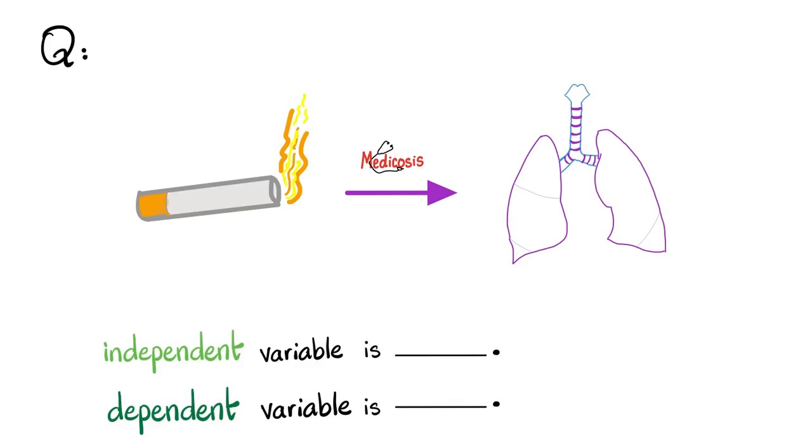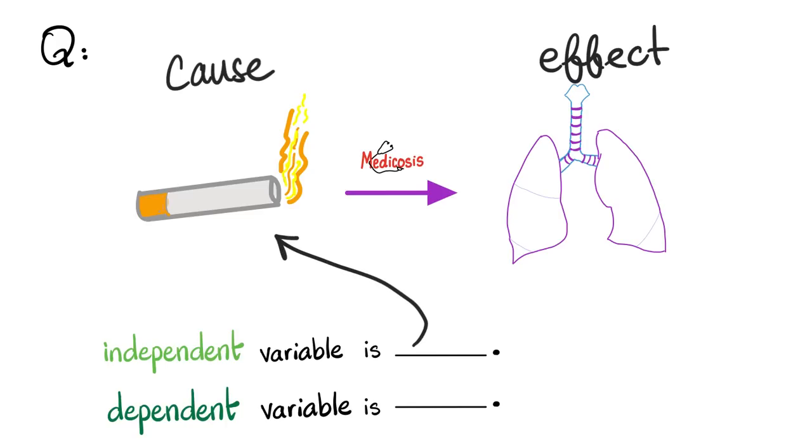And let's answer the question of a previous video. Smoking cigarettes, lung cancer. Which of them is the independent variable and which one is the dependent variable? Remember, we have cause and effect. The cause is the independent variable. So the independent variable here is cigarette smoking. What is the dependent variable? The lung cancer. Why is this? Because the lung cancer is dependent upon the fact that you smoked your lungs out for years and years.